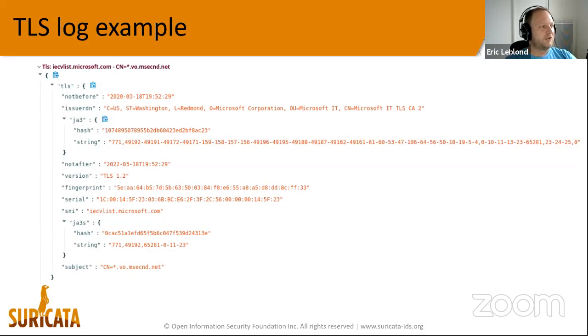And then you've got the JA3, I will get into detail on that later. Then after, you've got the not after, the version, the fingerprint, that is the same as you can extract from the browser when you connect to a website. If you ask Firefox or Chrome to display the TLS information, it will give you a fingerprint. So that's why you can use that.